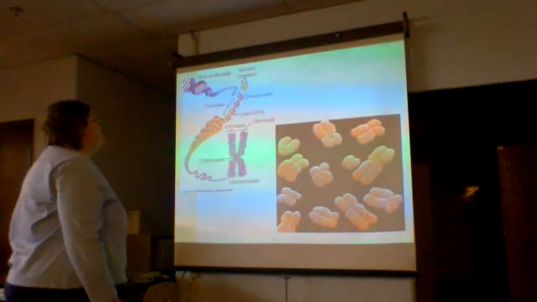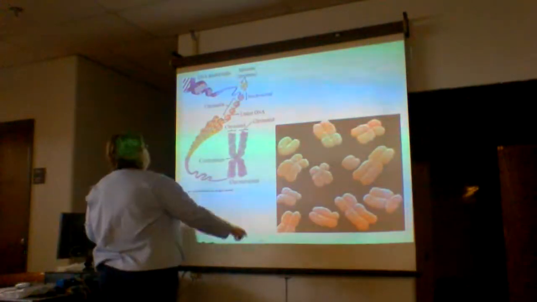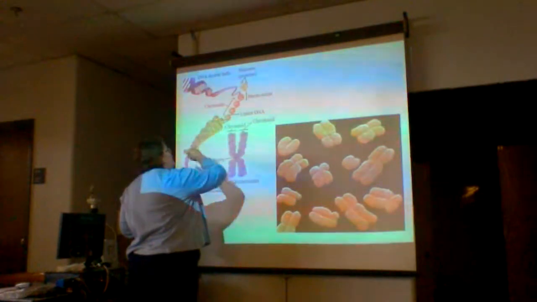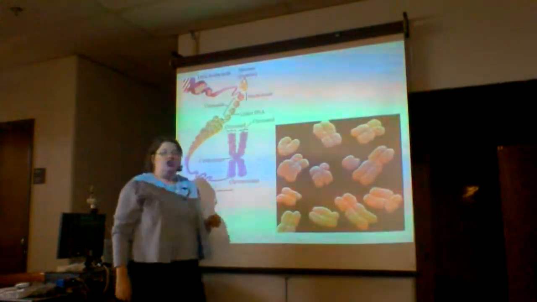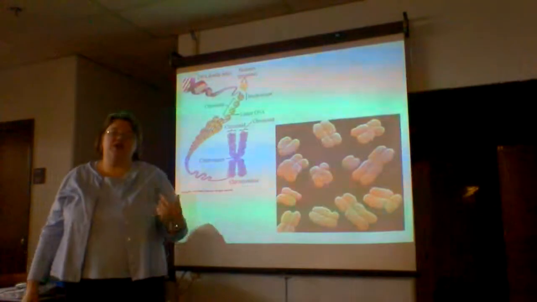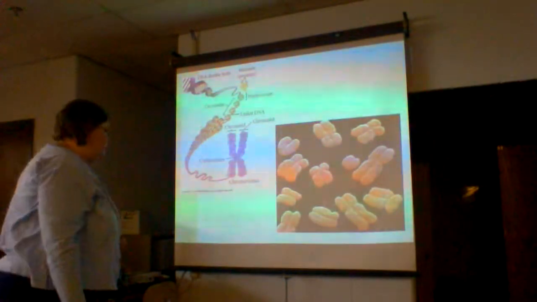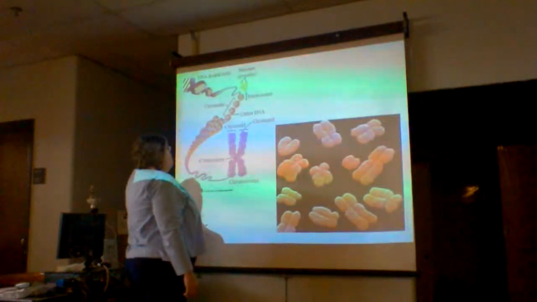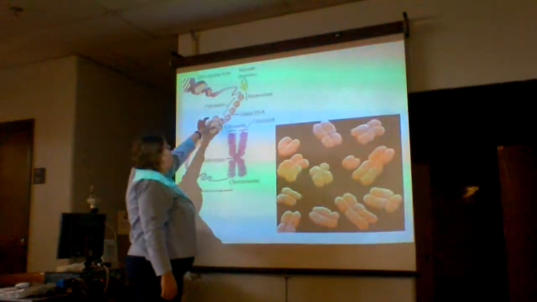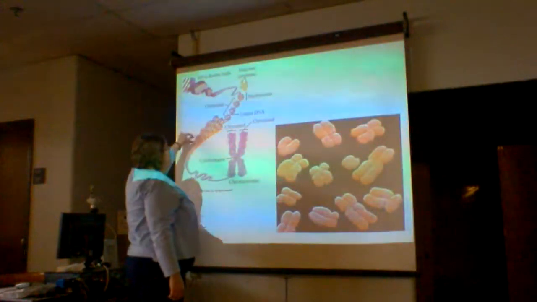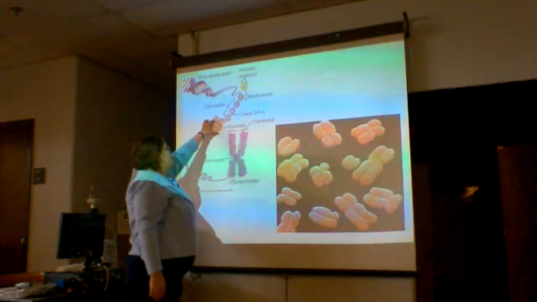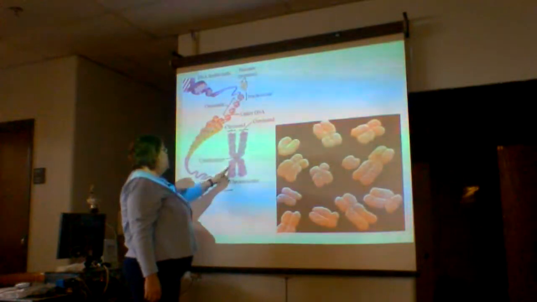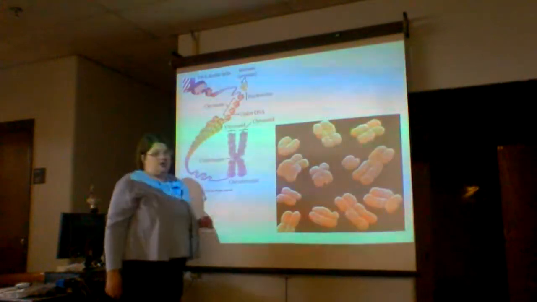These proteins are called histones, and they help to package the DNA into chromatin. Chromatin is DNA wrapped around sets of proteins. Having the DNA wrapped around those proteins helps us really tightly package the DNA. Lots of chromatin get wound into a chromosome.